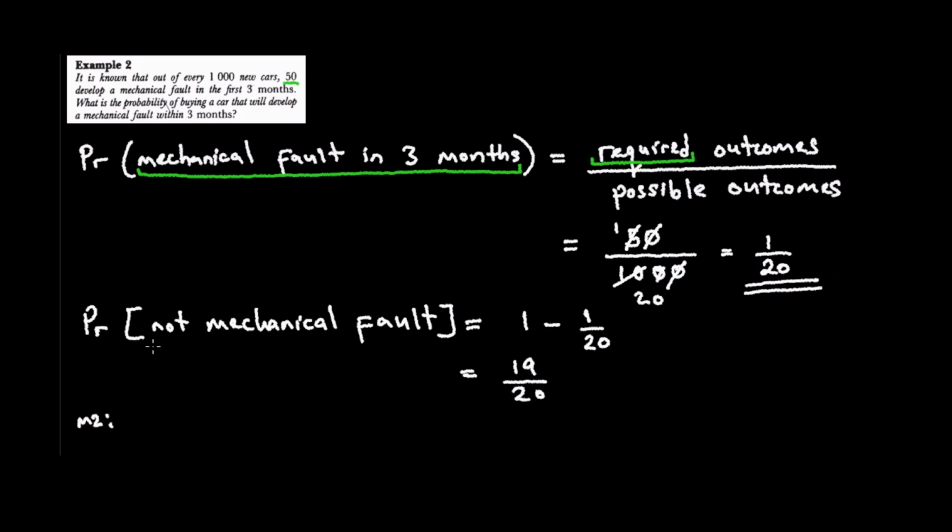Or you can put it in this way. If we say not mechanical fault, what do we require? We require cars that do not fail within the first 3 months. So if the question told us that 50 cars fail, this means this is 1,000.